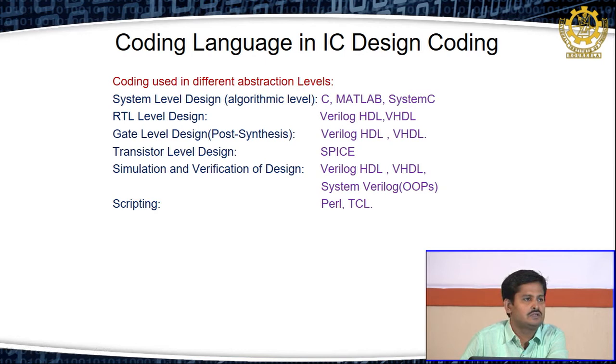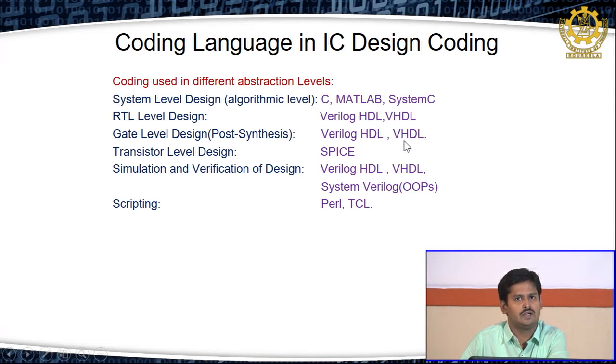SystemC is a combination of C as well as a hardware description language. Then RTL level uses Verilog HDL or VHDL. Then gate level design, which we generally get after the post-synthesis result, means after synthesis is over, is also generated in Verilog HDL and VHDL.